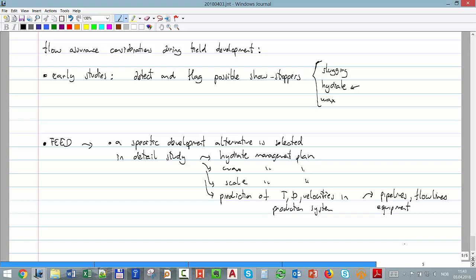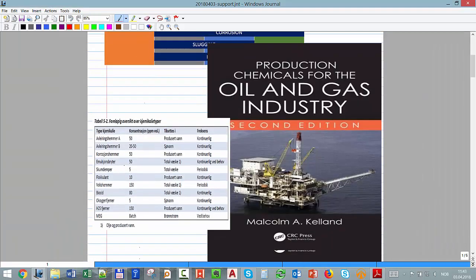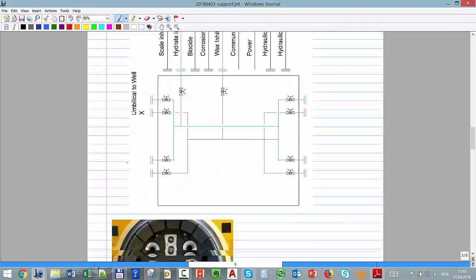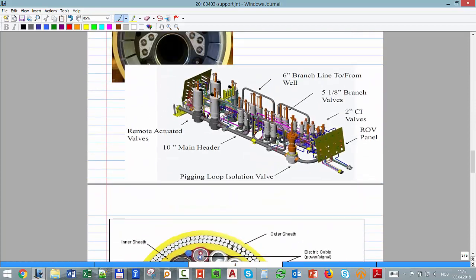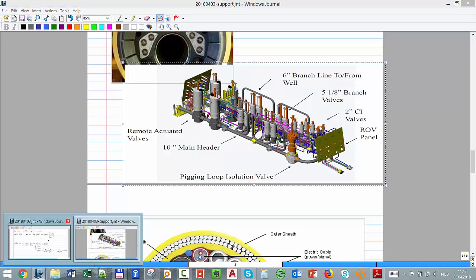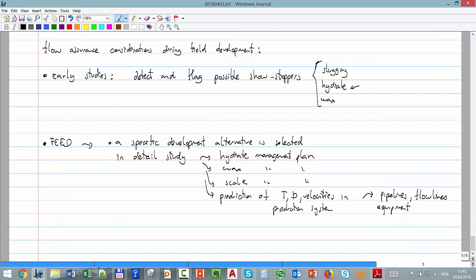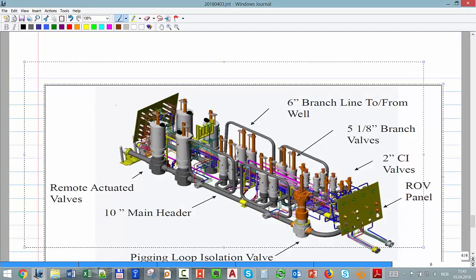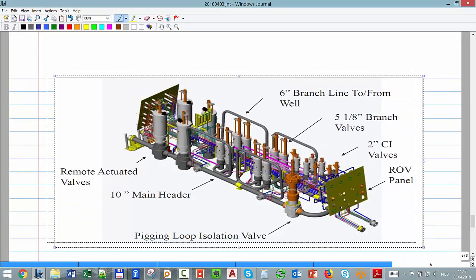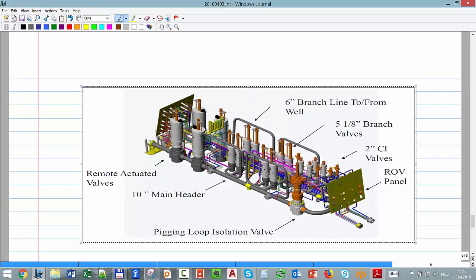Okay, and something important I want to mention, like in this picture, I want to bring your attention to what are called dead legs or cold spots. If you remember that figure we had, the well stream is entering through here. Then it can go either to this header or to that header, right?